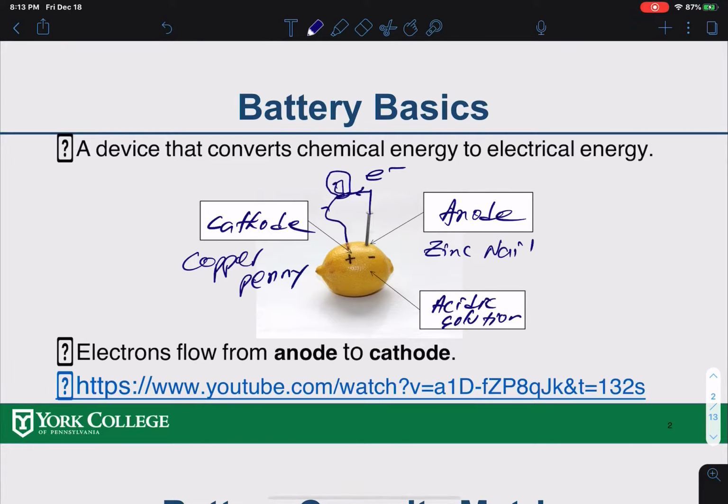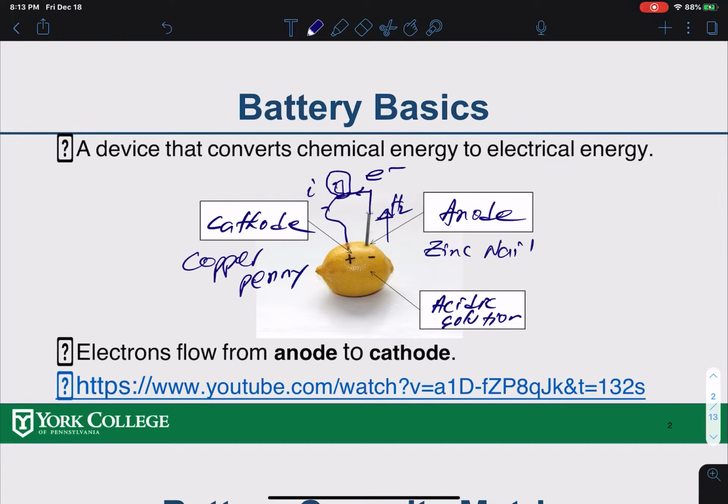That means your current will go from copper to zinc, so your light will light up if you're lucky. And also this solution produces extra hydrogen gas, which will go to the atmosphere. So that's what's happening over here.